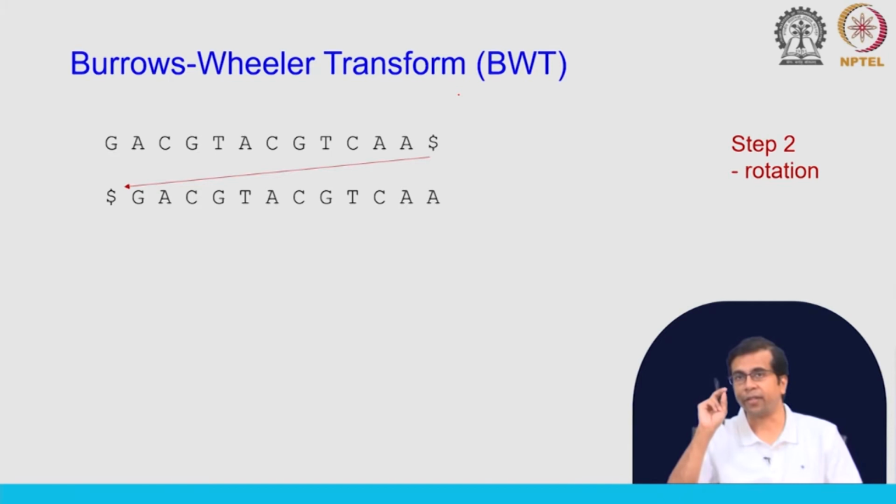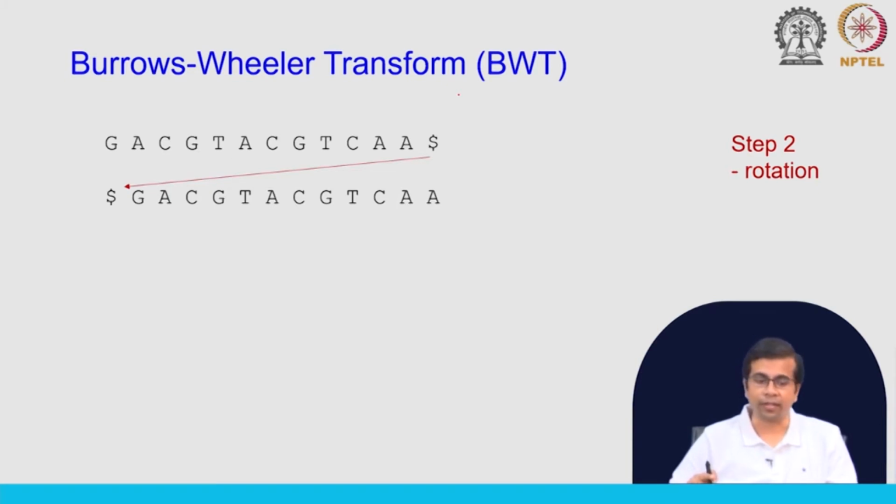Of course, the start letter will change and the string will rotate. So, you can visualize this: we bring dollar first and then shift the rest towards the end. Then we have dollar first, followed by the remaining letters, and we continue this process until we go back to the original string.